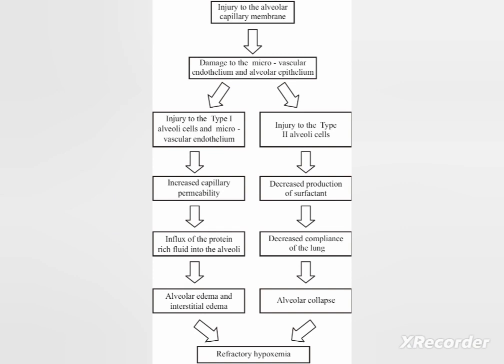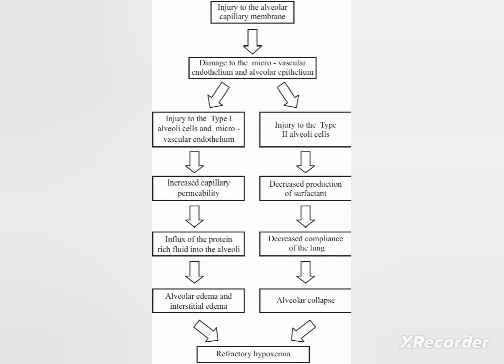Due to etiological factors, injury to the alveolar membrane occurs. That leads to damage to the microvascular endothelium and alveolar epithelium, that is, injury to the type 1 alveolar cells and microvascular endothelium, and also injury to the type 2 alveolar cells. Injury to the type 1 alveolar cells causes increased capillary permeability.